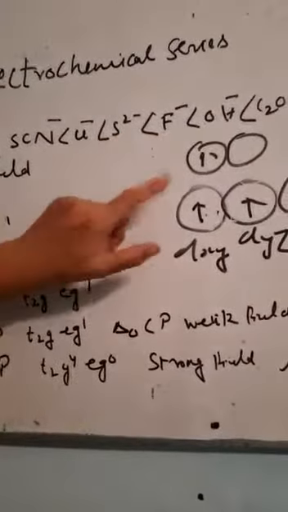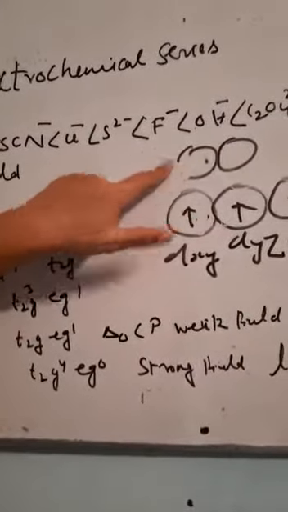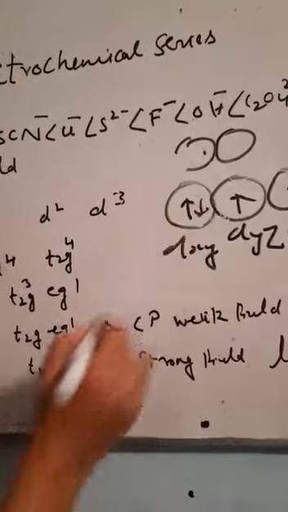There are two options. Either the electron should be paired. This paired electron will face a large repulsion from the electrons which are already present.